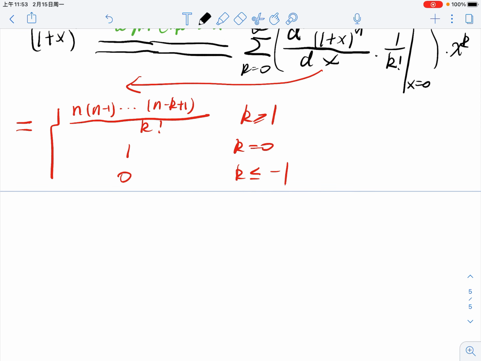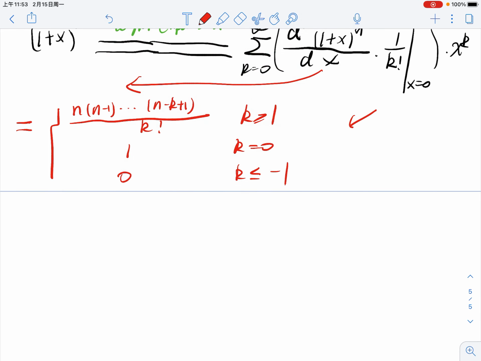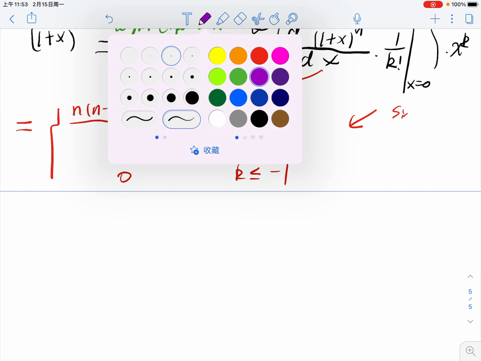And later on, if you learn the gamma function, it is different from, but similar to, the gamma function. Let me use a different color.